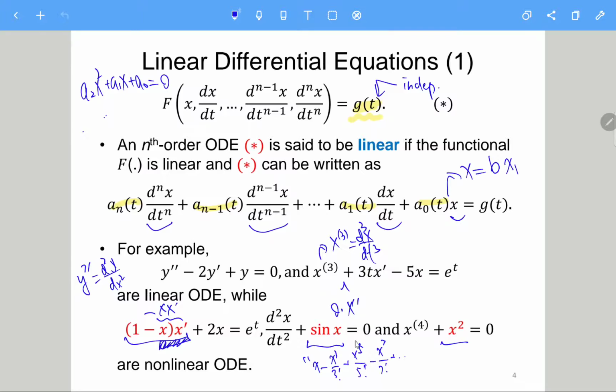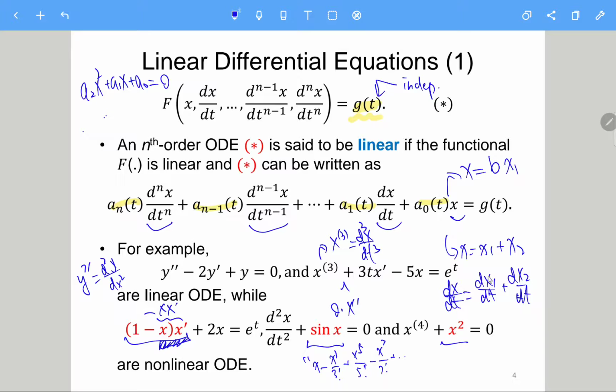Or you can use another substitution, like x to be x1 plus x2. Then you plug into this equation, and as long as we have dx dt should be dx1 dt plus dx2 dt for the derivative.